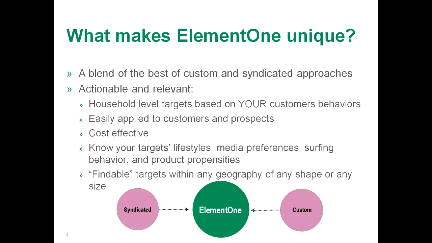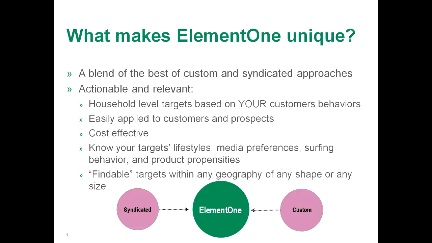We make the segmentation actionable and relevant. And what I mean by that is a custom model is going to be the most relevant to your business, and a syndicated model is likely going to be most actionable because in most cases, all U.S. households are associated with those syndicated segments, and so you can go out and buy direct mail lists against those segments and find those households out in the market, where a custom model is very difficult to do that.